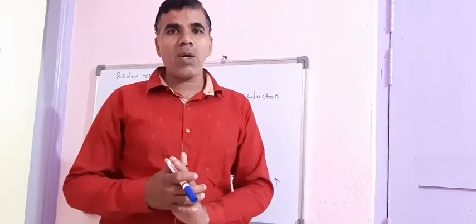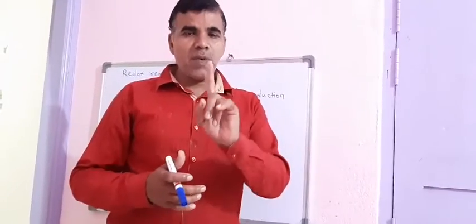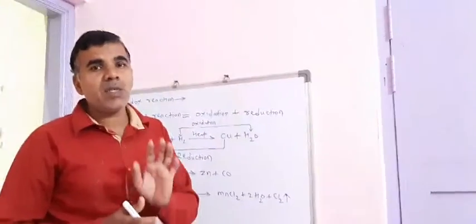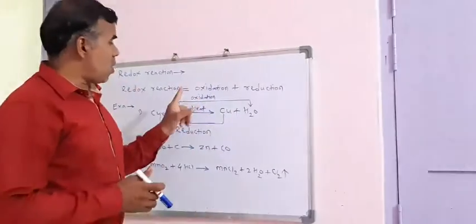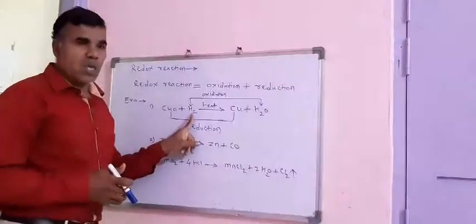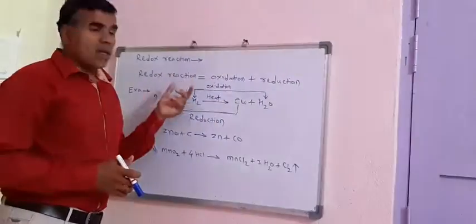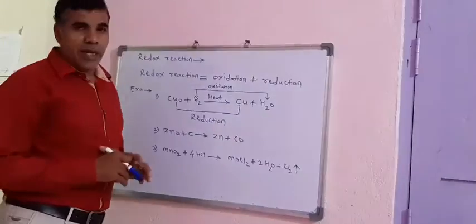The first example, which is very easy to remember always, is copper oxide plus hydrogen to form copper plus water. So that is about redox reactions.